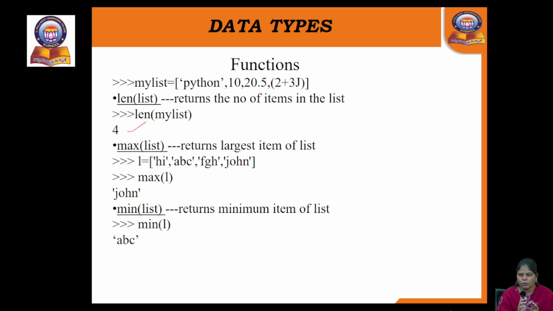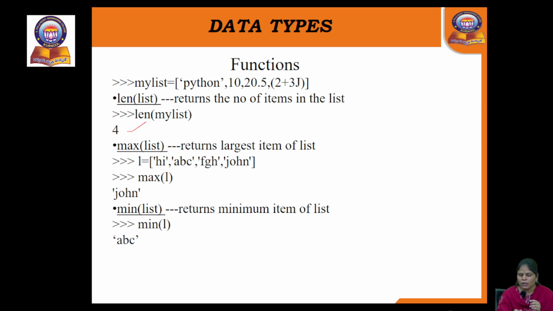If you want to know the maximum and minimum, then keep in mind that the list should be homogeneous so that it takes less time and retrieves the maximum element and minimum element from the list. If it is heterogeneous, it will consider the ASCII values and then go with the comparison. So it takes much time, or sometimes it may give an error.